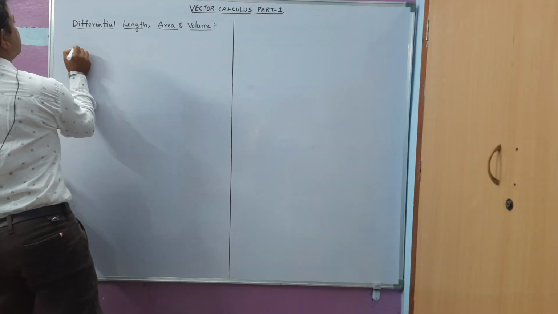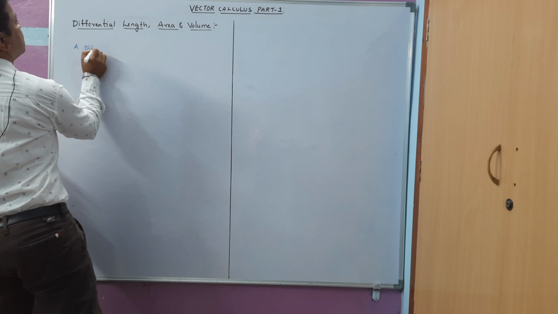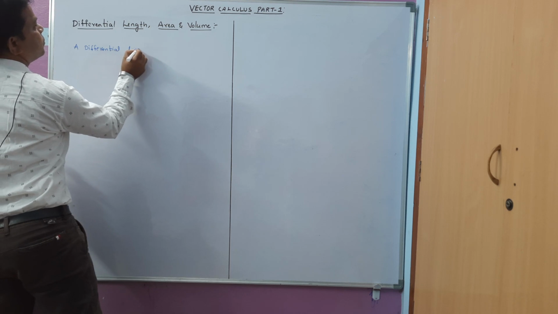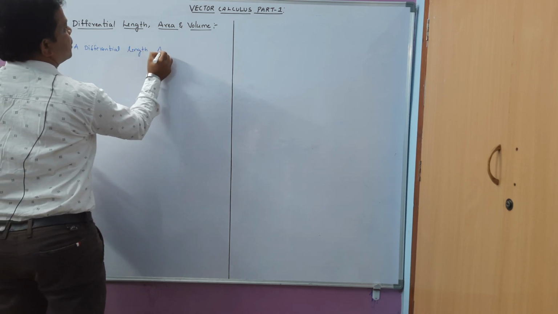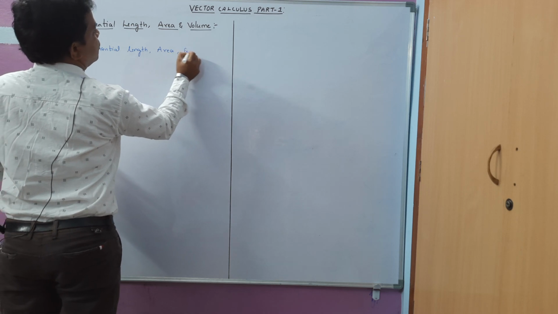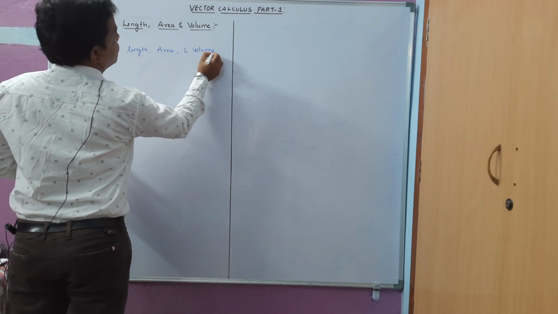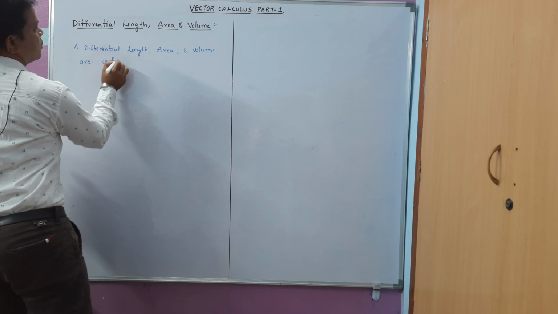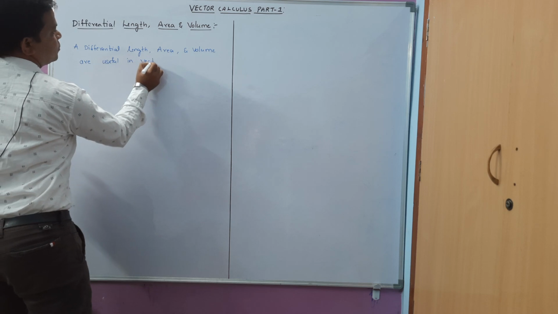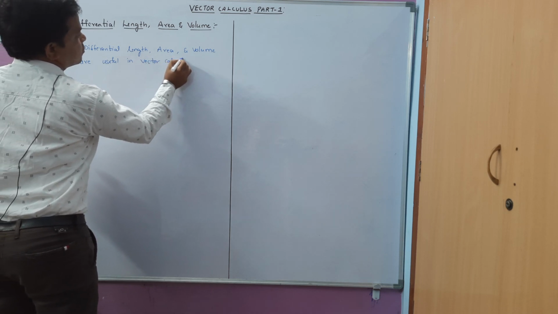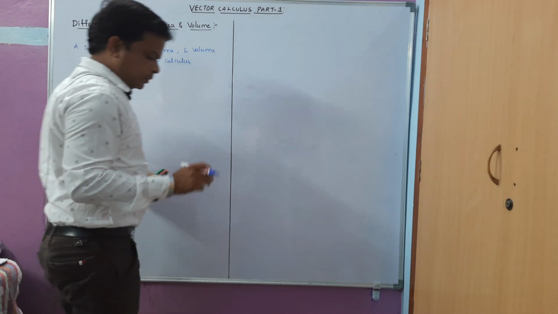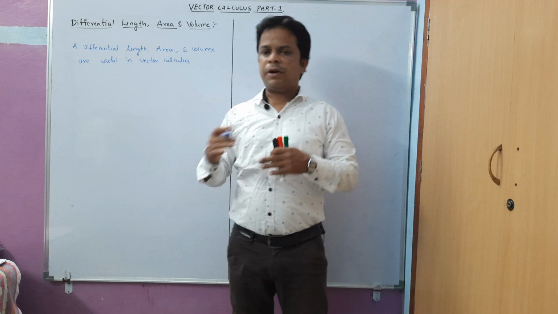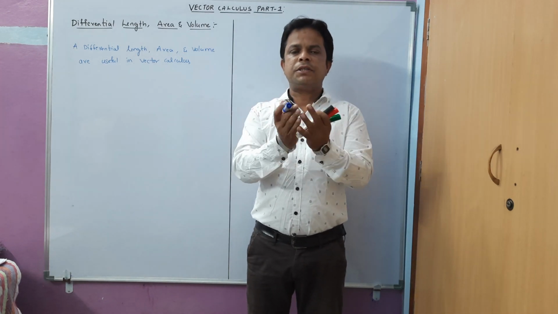In vector calculus, these are very important parameters: what is the differential length, what is the differential area and what is the differential volume.